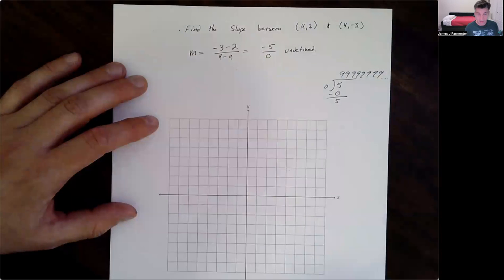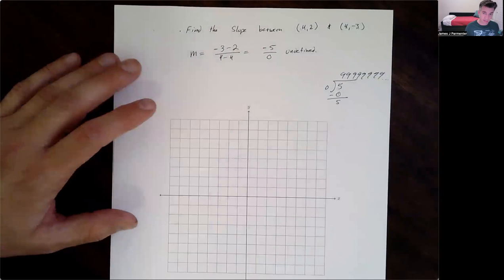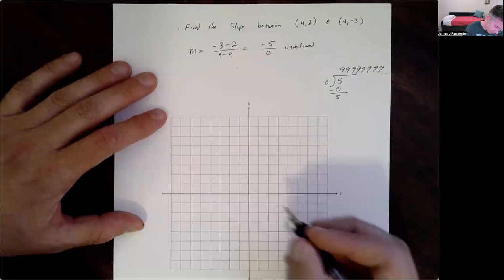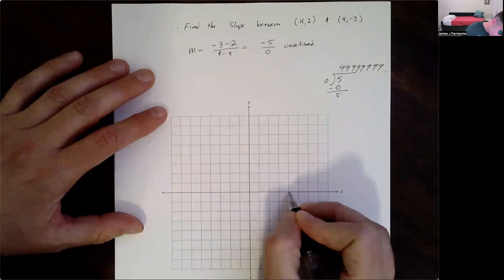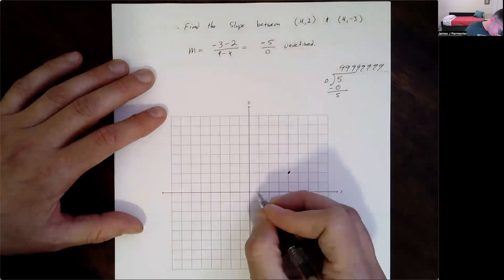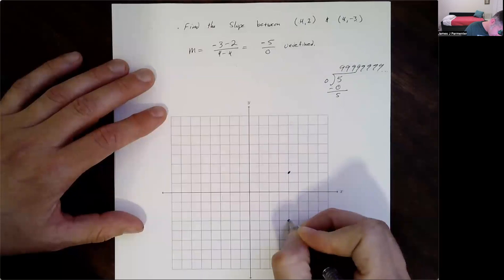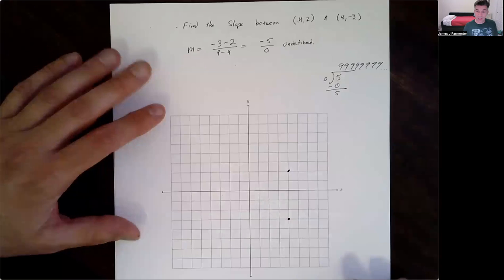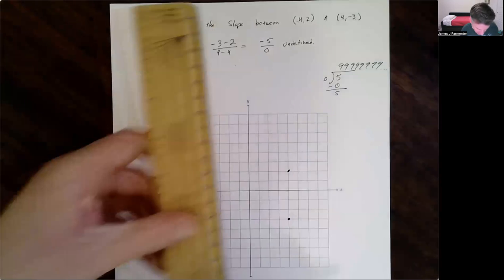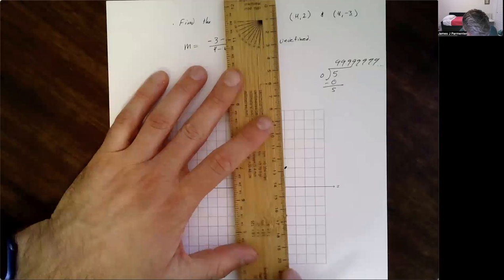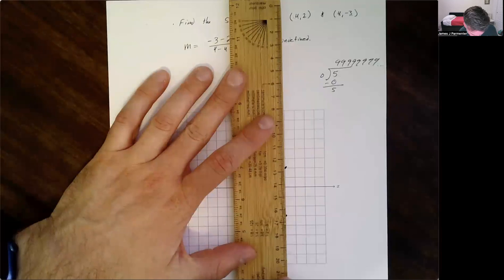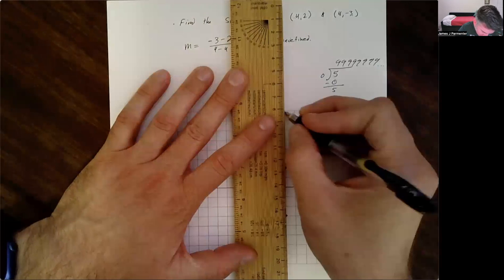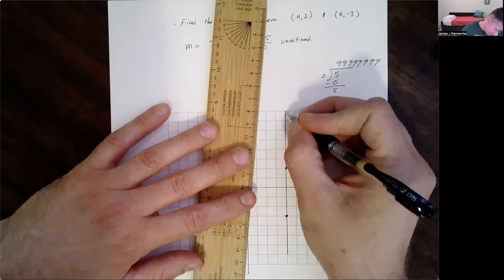So specifically for a line like this, let's actually graph it before I say anything more. I plot the point 4, 2 and the point over 4, down 3. We notice that both those coordinates have the same x coordinate. So the line is going to be a vertical line going through those 2 points.